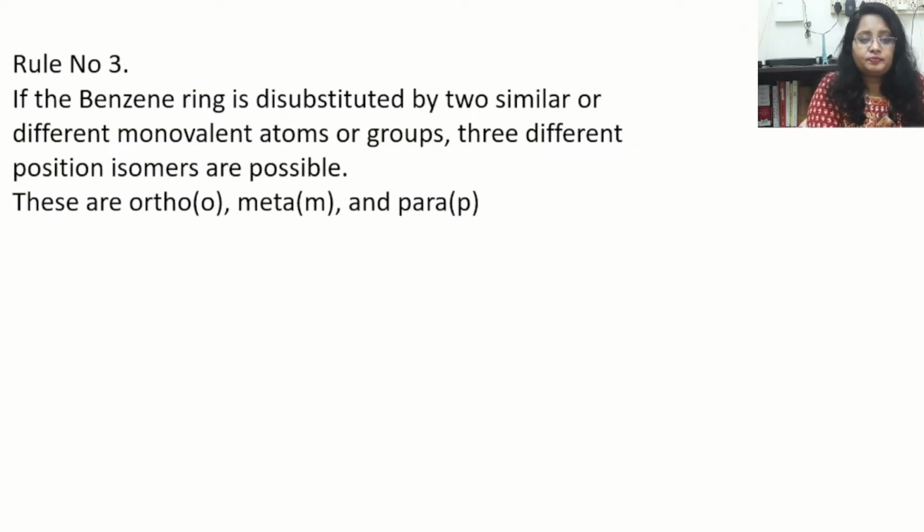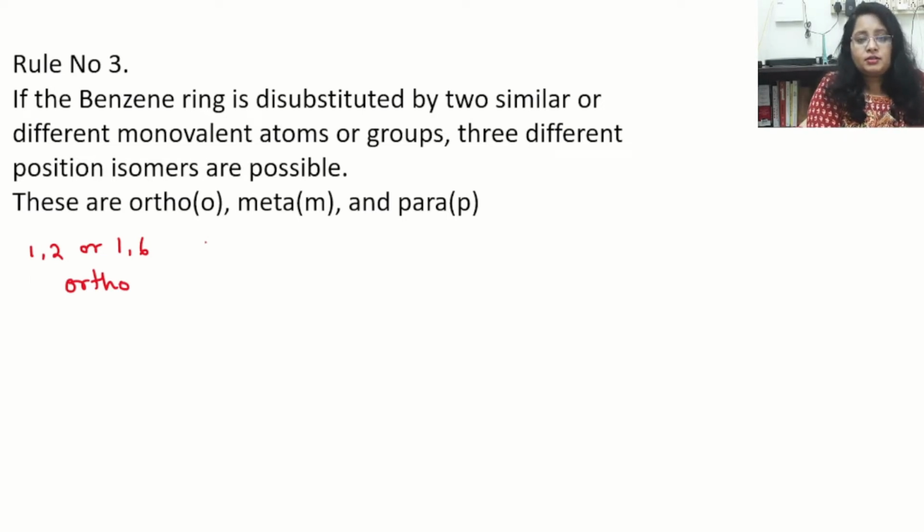Let's have a look. If the two substituents are present on 1 and 2 carbon or 1 and 6 carbon, both look the same because if we count, both are the same positions, 1 and 2 or 1 and 6 carbon. This is called ortho. We will mention ortho like that.